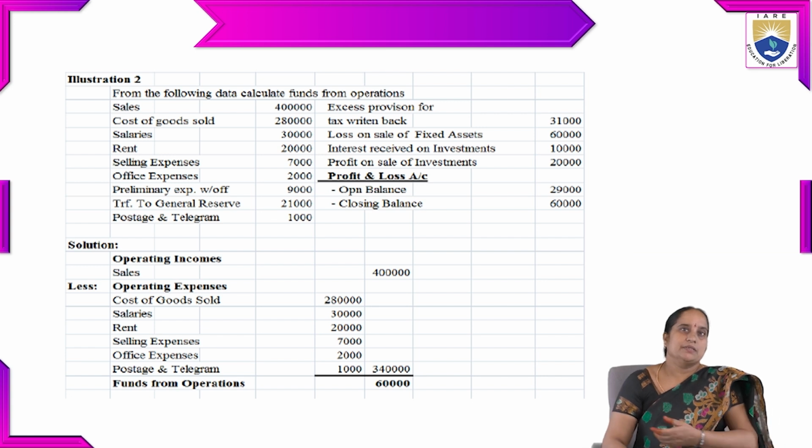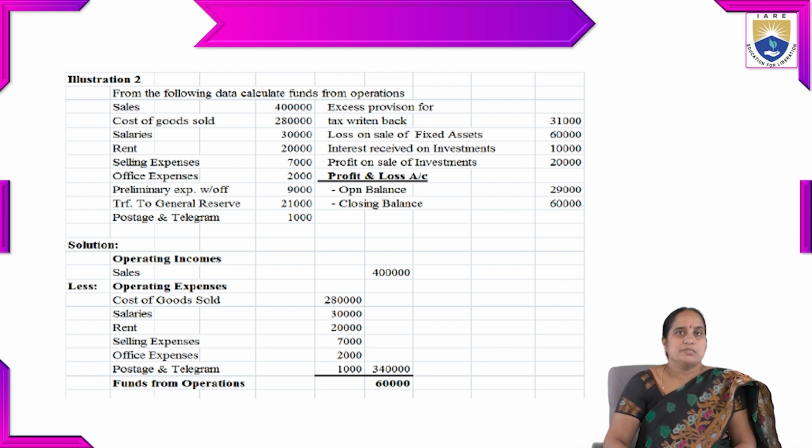Now let us take another example. From the following data, calculate funds from operations. We are given sales, cost of goods sold, salaries, rent, selling expenses, office expenses, preliminary expenses written off, transfer to general reserve, postage and telegram, excess provision for tax written back, loss on sale of fixed assets, interest received on investments, profit on sale of investments, and from the profit and loss account, we should take the opening and closing balances.